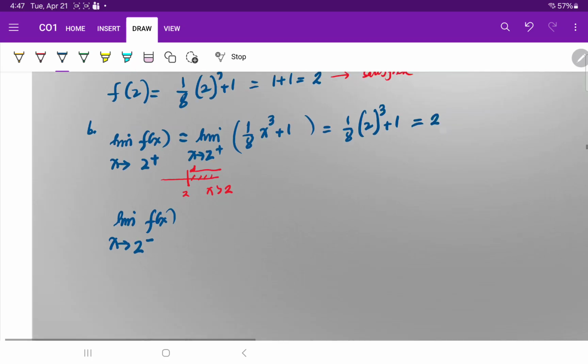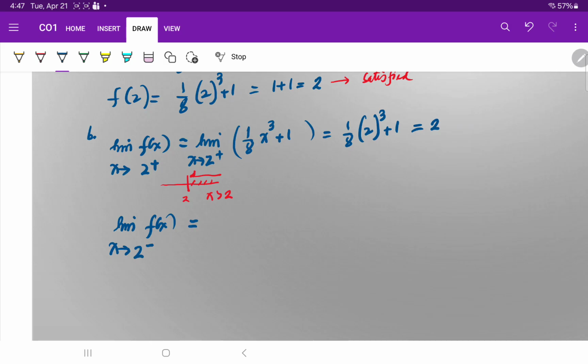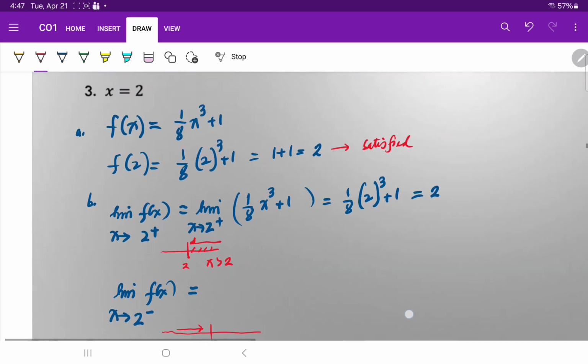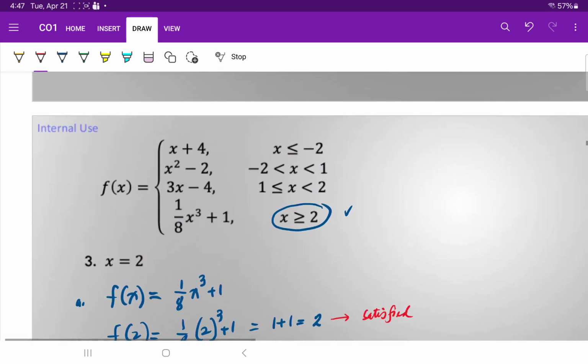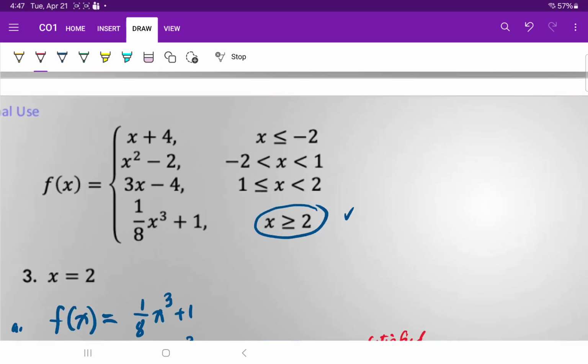Now, we need to solve for the limit coming from the left of 2. If you come from the left of 2, this is the region which is less than 2. So which one of the functions here is less than 2?